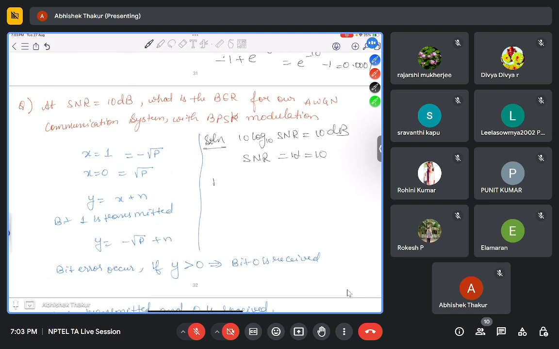Now the probability of error is Q of root of SNR, which is Q of root of 10. When you calculate this value, we get 7.8 into 10 to the power of minus 4.